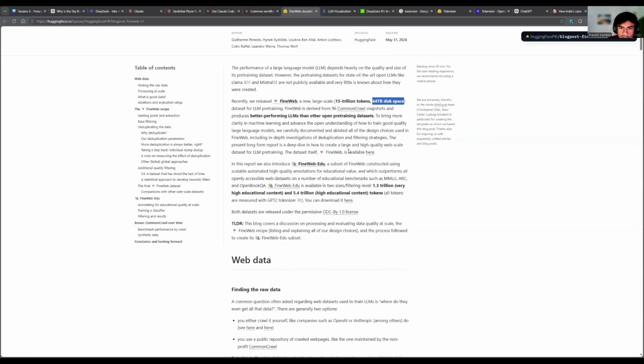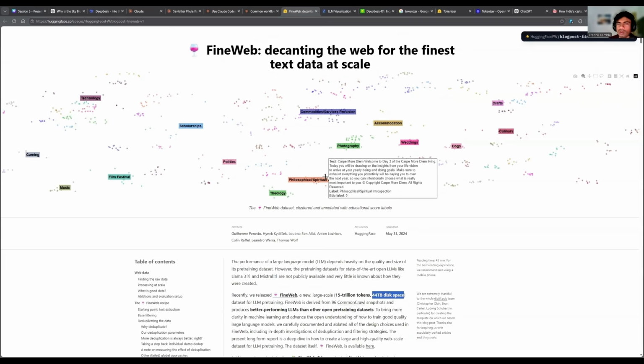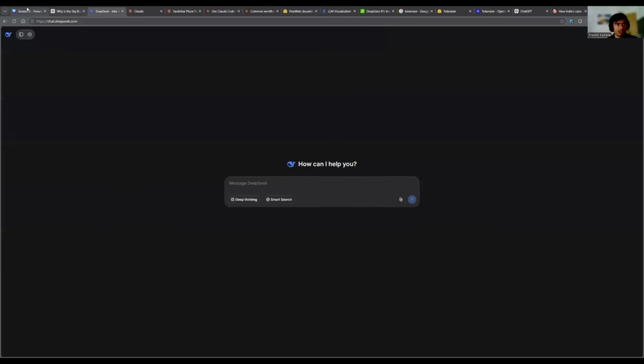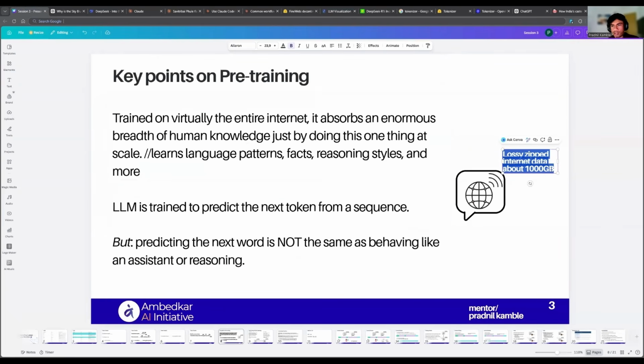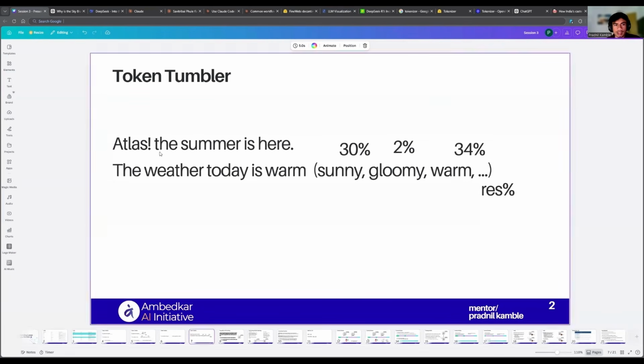Here you can see how they collected the data. And when you read through this, you will understand that they have a lot of text data. So basically, what is happening here is that your model is being trained on all of this data, and it is trained just to predict the next word, which we just did. In this exercise, we predicted the next word based on a certain context.